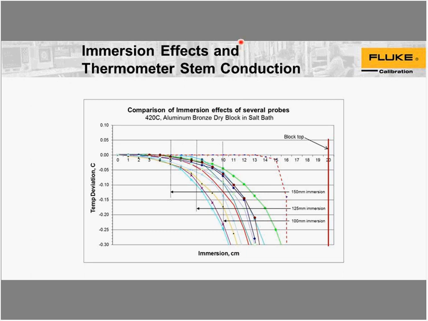Now, what do you put as a value for stem conduction? Well, there's going to be some estimating involved in that, and you might have to do something similar to this. It's very difficult, however, to separate stem conduction from grid, so you might end up having to combine those two values.